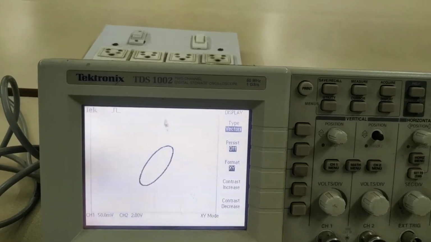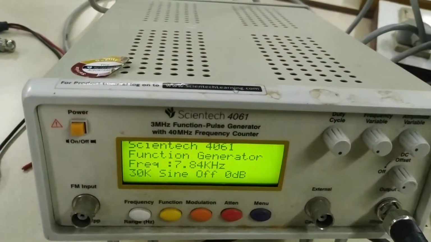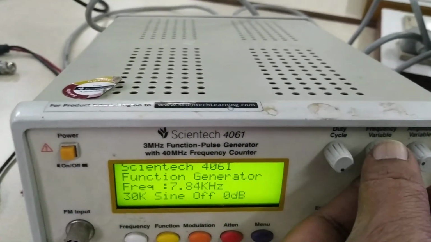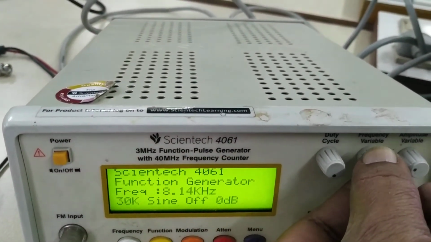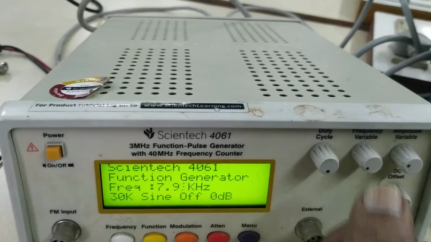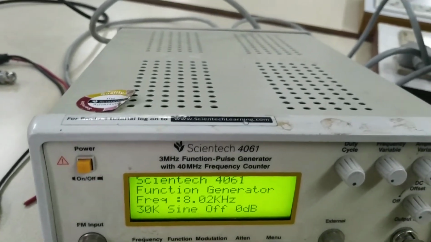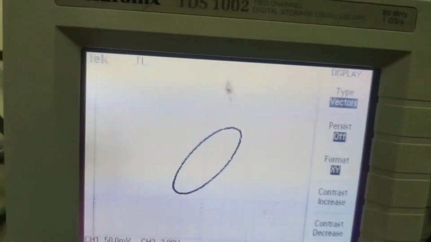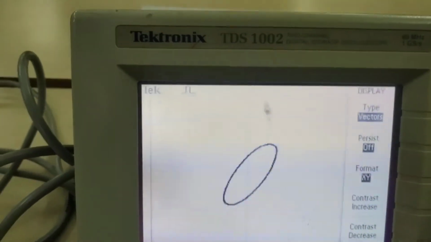Now the frequency is something like 7.84 kilohertz, or I will put it as roughly 8 kilohertz. And this is the Lissajous pattern. Let us consider once again the smaller and the larger intercept.